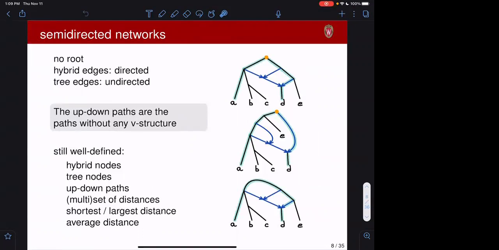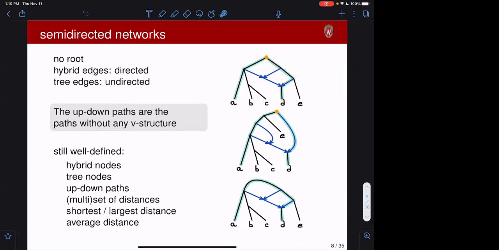And a few more things about a semi-directed network is that what we showed is if I take a rooted network and then I consider the semi-directed network I get from it, the up-down paths on this rooted network, they are the paths that I know I go up and then I go down. And I know I go up because all these edges are directed in the rooted network. And then I know I go down.